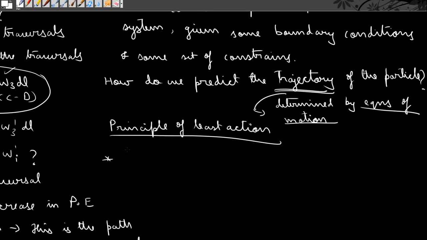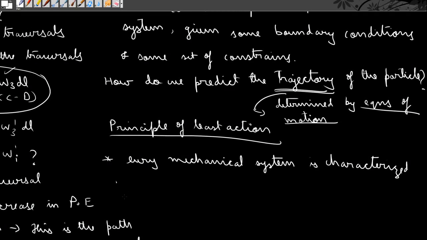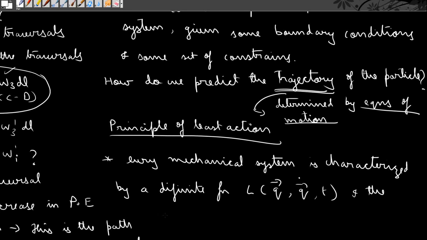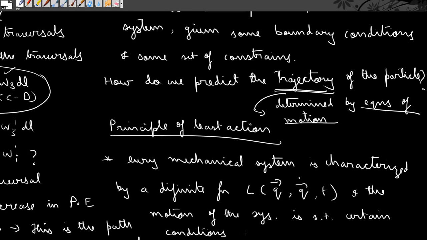So what it says is that every mechanical system is characterized by a definite function, which I am going to denote as L, which depends on the generalized coordinates, the generalized velocity and time, and the motion of the system is such that certain conditions are satisfied.